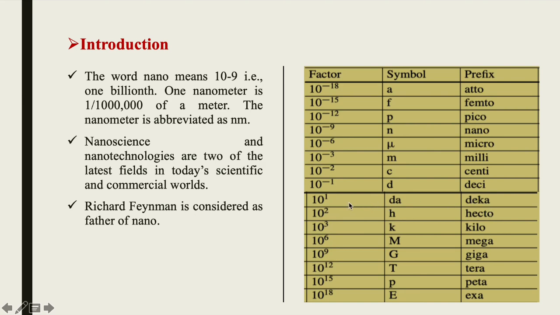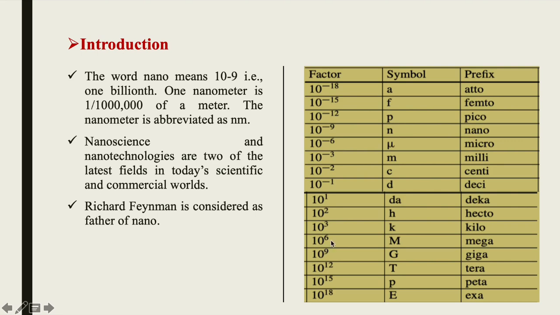10 to the power 1 is deca, denoted by da. If it's 10 to the power plus 2, then it's hecto. If 10 to the power 3, we call it kilo, denoted by k.